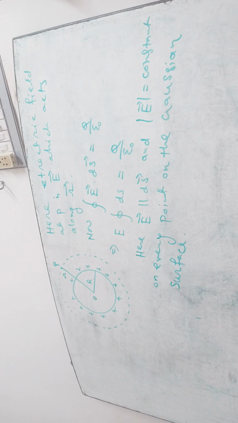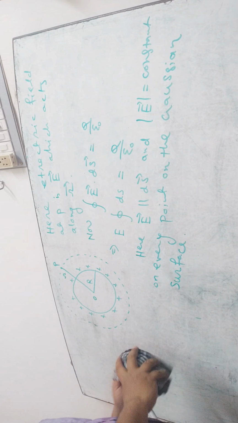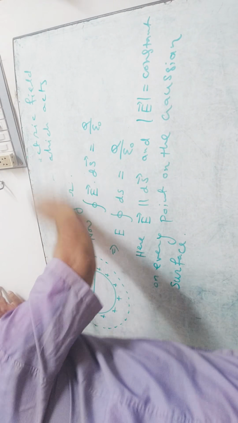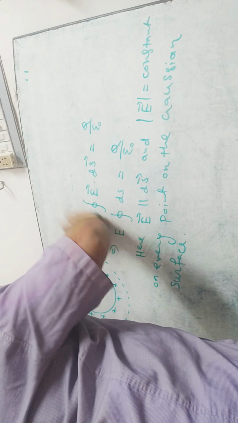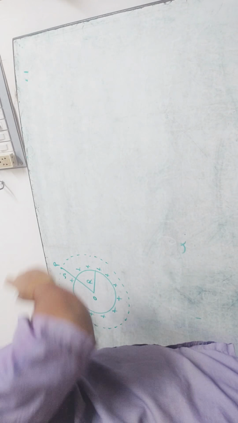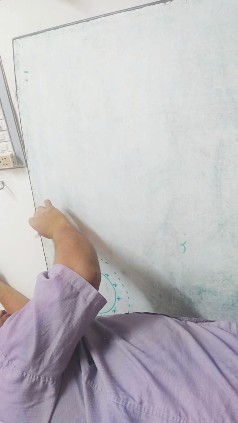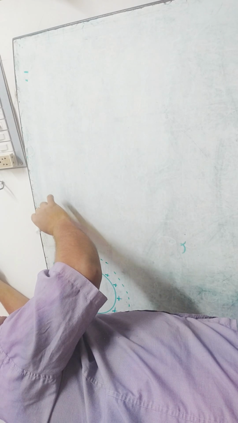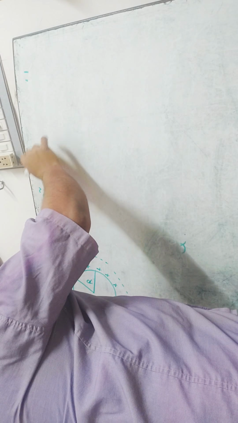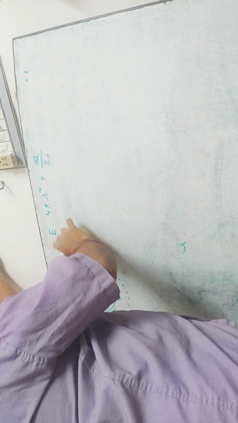Therefore, we can write E into integration of ds, which is 4 pi small r square, is equal to q by epsilon 0.